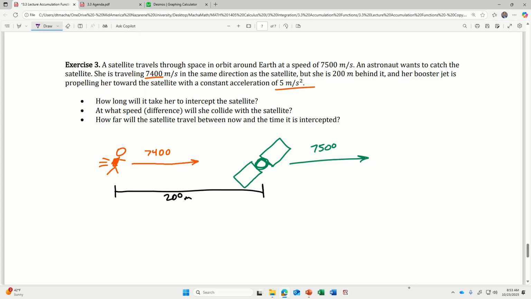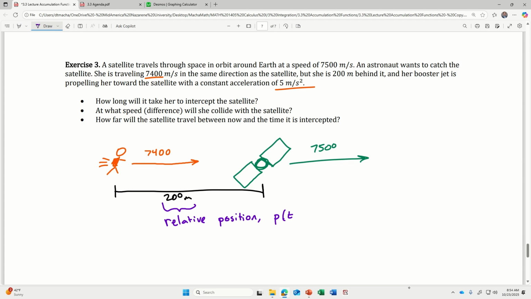So we're going to define this quantity here as relative position, P. And it's going to be a function of time.